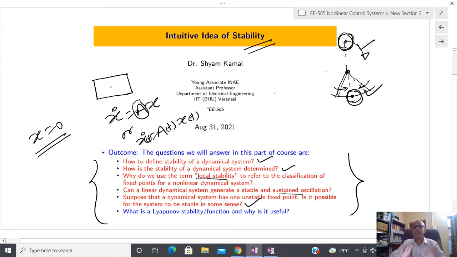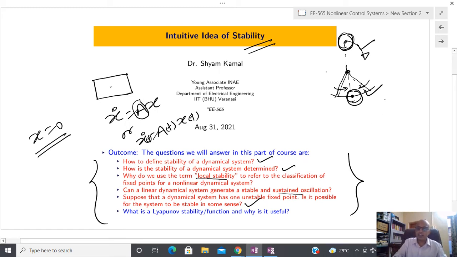So this is somehow the outcome of the next 4 or 5 lectures. Everything is connected with stability, and if you do not understand stability precisely, then you are not able to appreciate these kinds of phenomena.